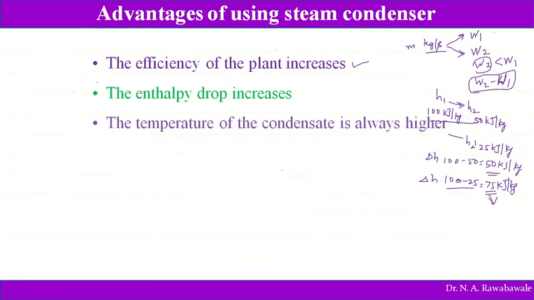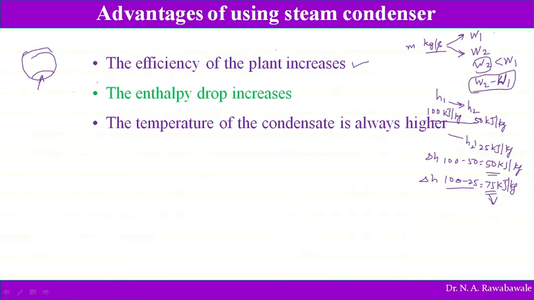Next one, the temperature of the condensate is always higher. The condensate which is collected at the bottom of the condenser is at a higher temperature, and this can be supplied directly to the boiler, so that we need not heat the feed water supplied to the boiler. So there also we can save the fuel burned in order to increase the temperature of the feed water.